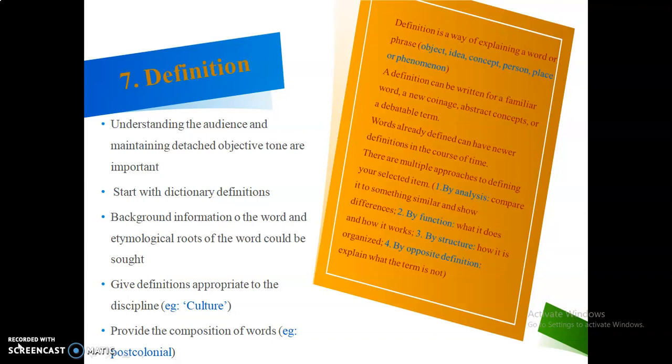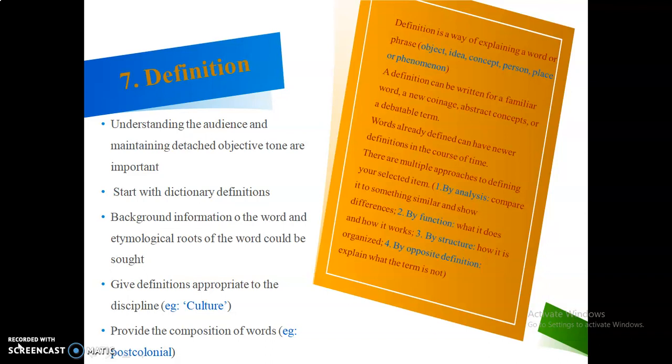For example, a familiar word like virus can be defined, or we can define COVID, which was not much familiar before, but which is familiar nowadays. And maybe a new coinage. New coinage means new words that are formed out of combining two different words.